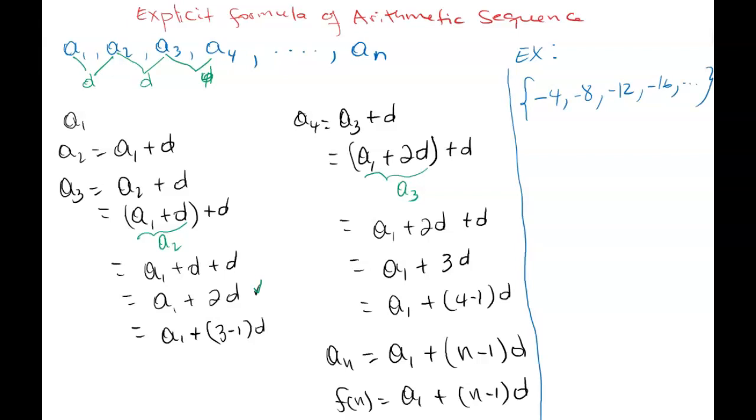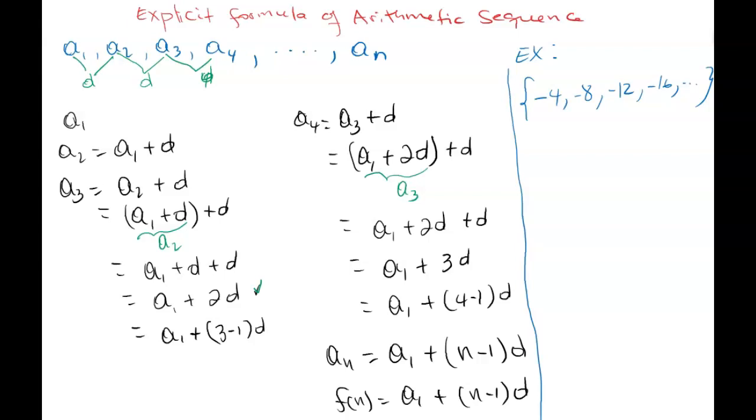This sequence has 4 terms. The first term is -4, the second term is -8, the third term is -12, and the fourth term is -16, and then it has an infinite number of terms, so we don't know what the other terms are, but we can figure that out.